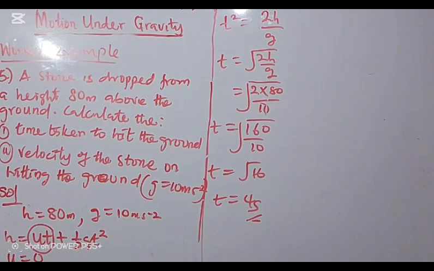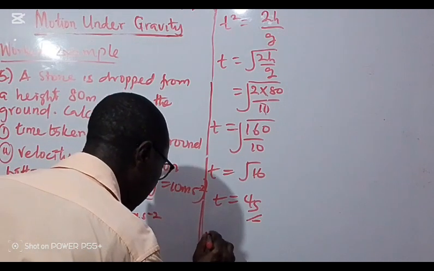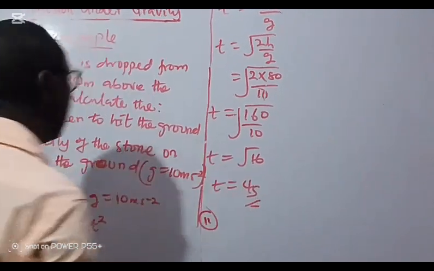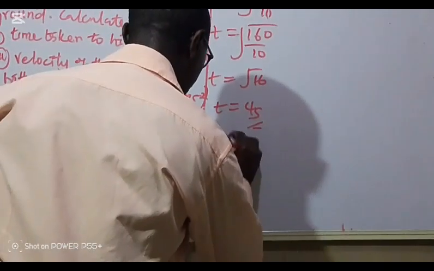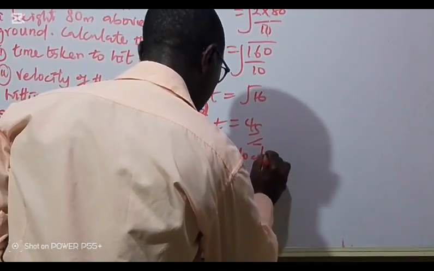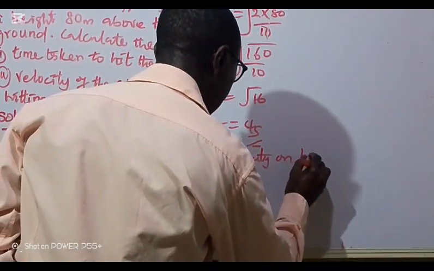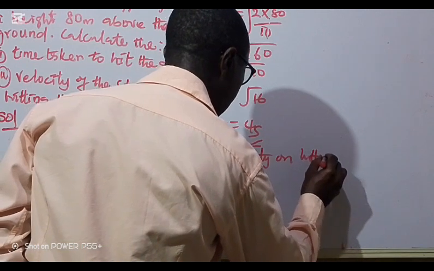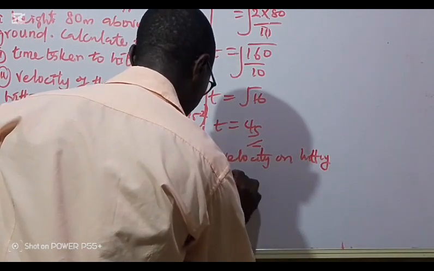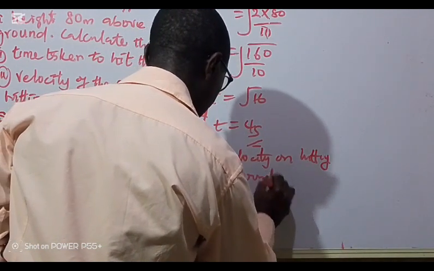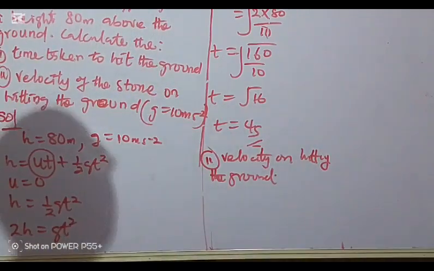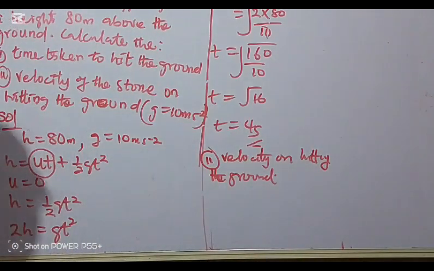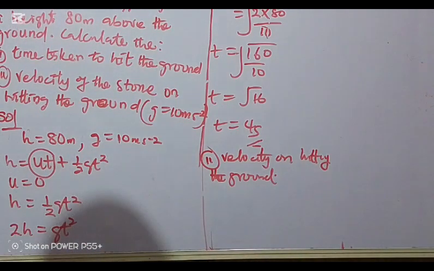Now, the second question says we should calculate the velocity on hitting the ground.